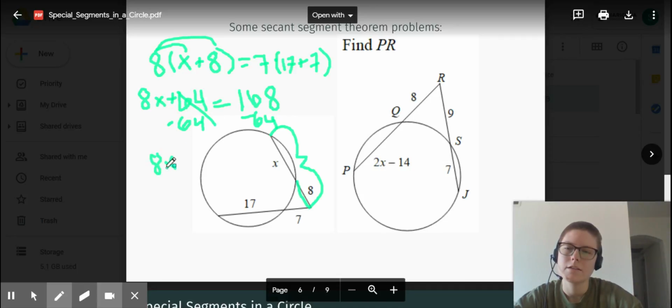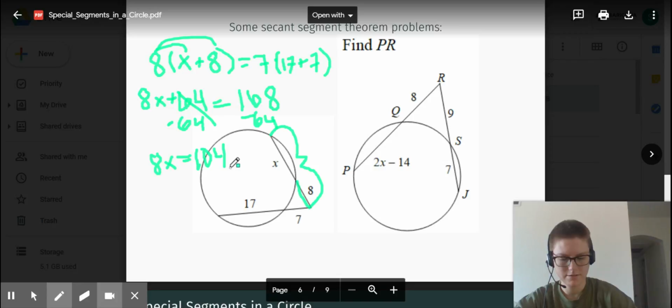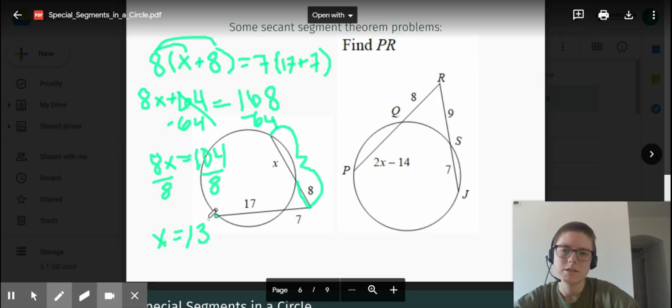Okay. 8x equals 104, and okay, good. Our last step, we're just going to divide out that 8. x equals 13. Okay.